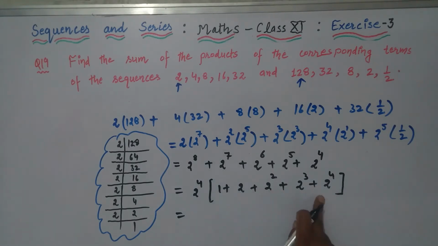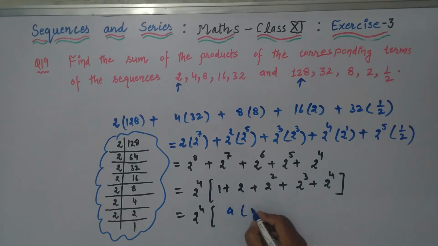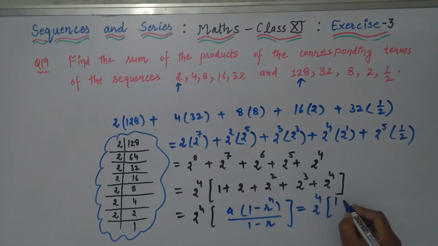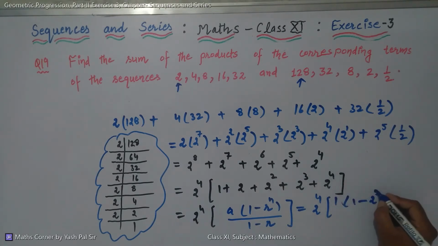So the sum to 5 terms is equal to 2 raised to power 4 into, we use the formula here, first term into 1 minus r raised to power n divided by 1 minus r. So this becomes 2 raised to power 4 into a is 1, r is 2, n is 5, divided by 1 minus 2.